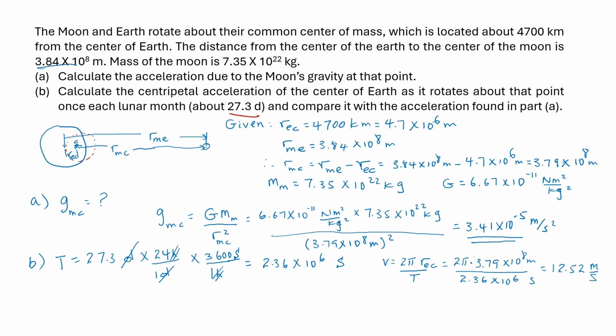Okay, so now what we are asked to find is the centripetal acceleration of the center of the Earth as it rotates in its orbit around the common center. So what is a sub c? We know the centripetal acceleration is equal to v squared over r.